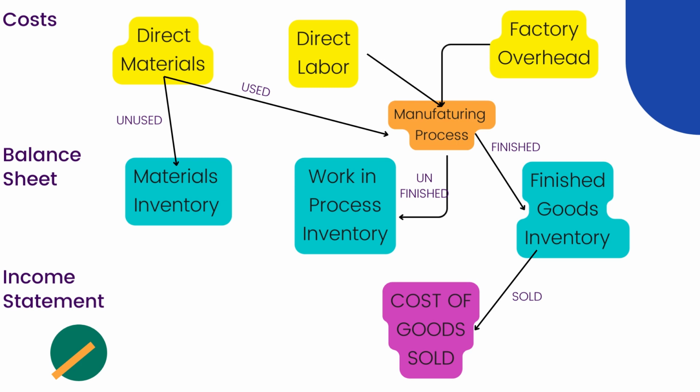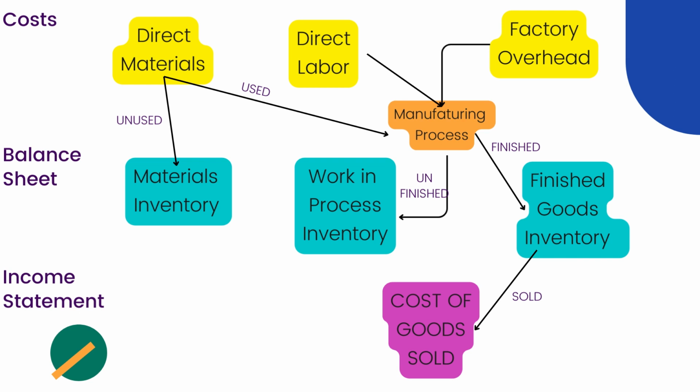Once you calculate the cost of direct labor, it goes directly into the manufacturing process. I'll show you what to do with this manufacturing process, but right now, we're going to stick it in manufacturing process. Then you have your factory overhead. Once that number is calculated, it goes into the manufacturing process.